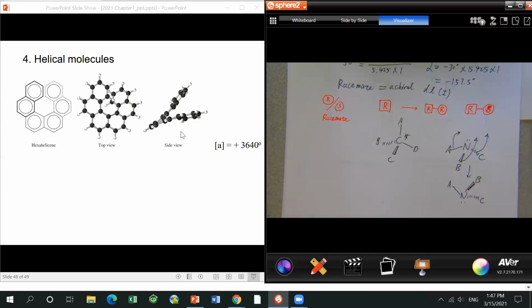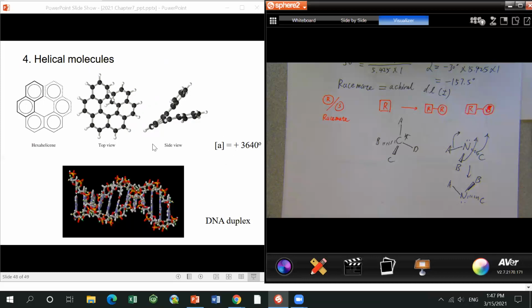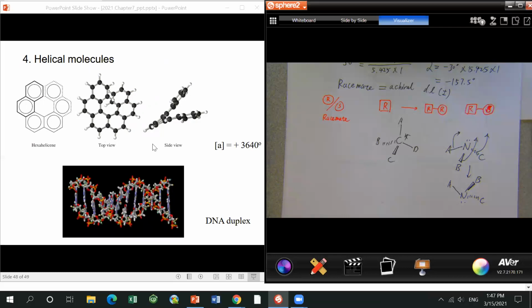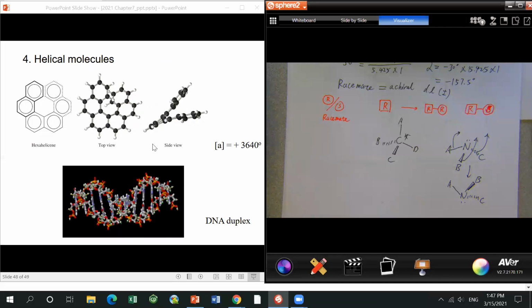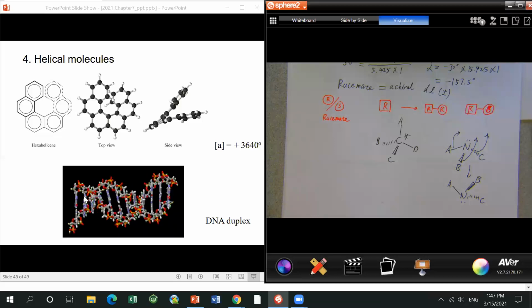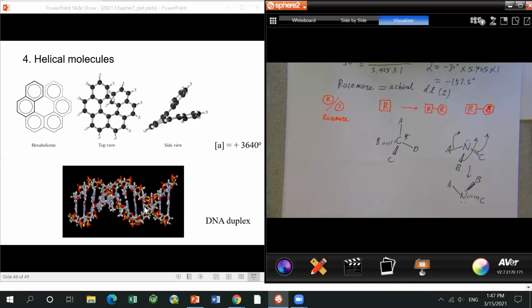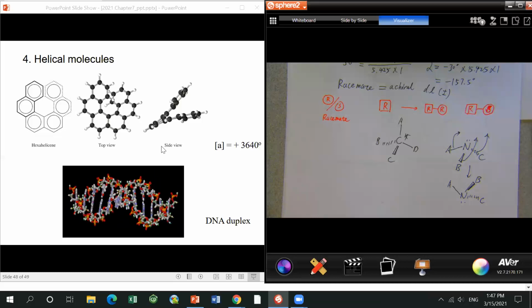You cannot find a symmetry plane, so the whole molecule is chiral, with a huge specific rotation, something like 3000. One of the most famous helical chiral molecules is DNA. The whole molecule is chiral, and it is right-handed.